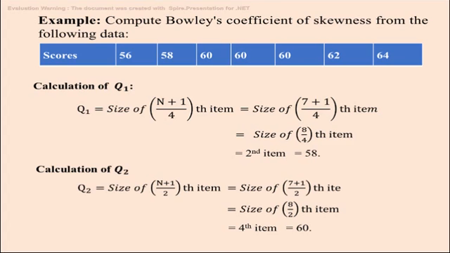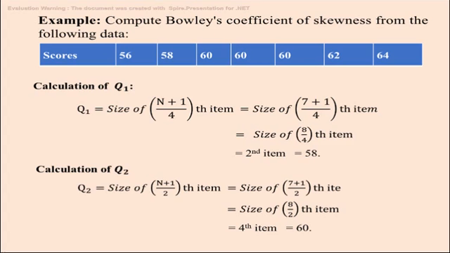Q1 is calculated as size of (n plus 1) divided by 4th item, which is equal to 8 divided by 4th item, which comes out to be the second item. The second item in the example is 58, so our Q1 is equal to 58. Q2, which is the median, is calculated as size of (n plus 1) divided by 2th item, which is 8 divided by 2, the fourth item.